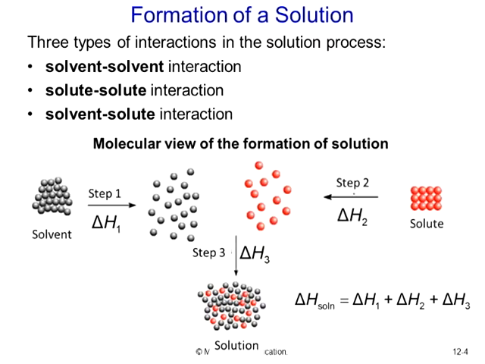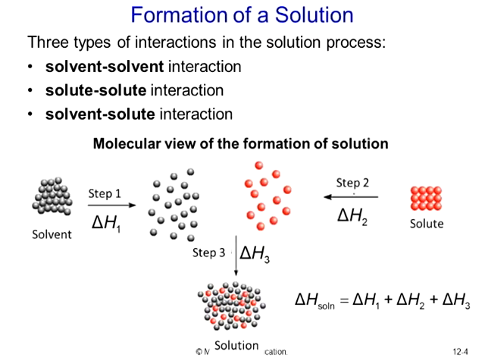In other words, the intermolecular forces between the solvent and the solute must find a place where they're compatible, where the solvent will then surround the molecules of the solute to make it into a solution. That leads us to step 3 in the process, which is formation of the final solution.